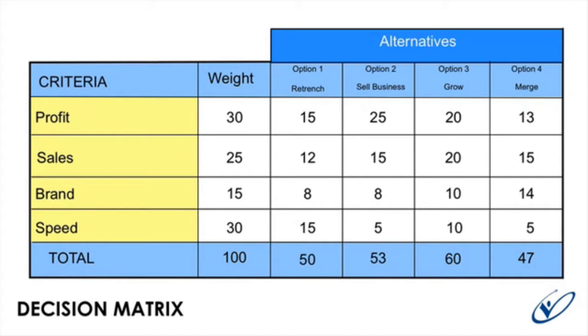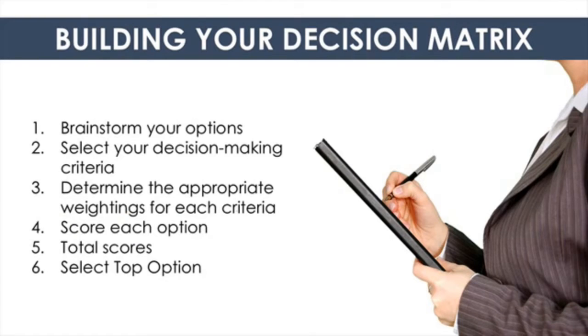Now, you then simply add up your scores, and pick the alternative with the highest score. So the process: brainstorm your options, select your decision-making criteria, determine the appropriate weightings for each criteria, score each option by going across the rows, total the scores, and then select your top option.